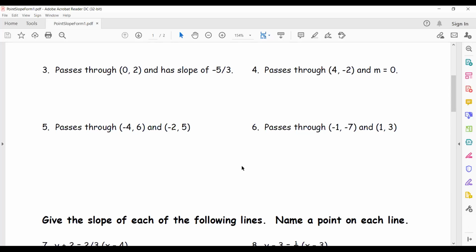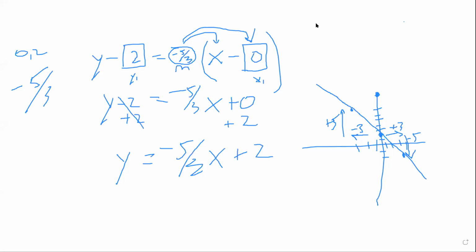So here's where the slope calculation comes in. Slope calculation, y2 minus y1 over x2 minus x1.